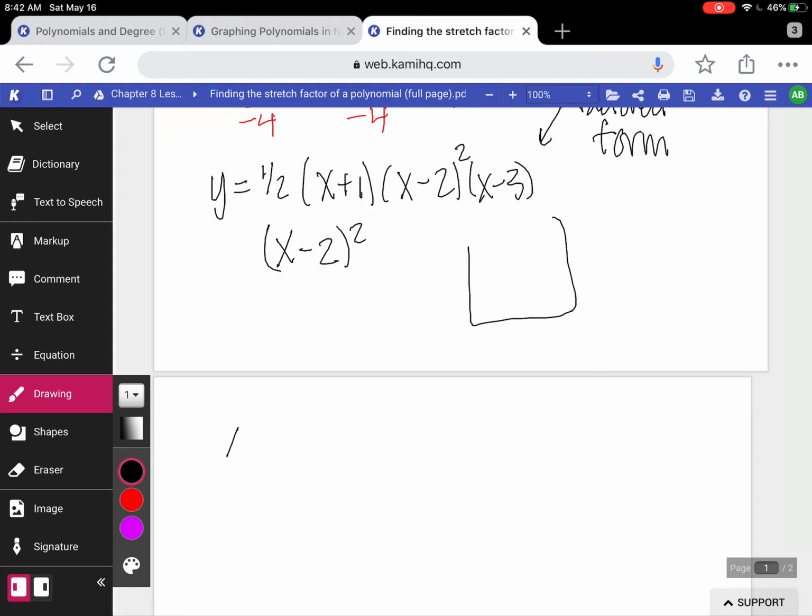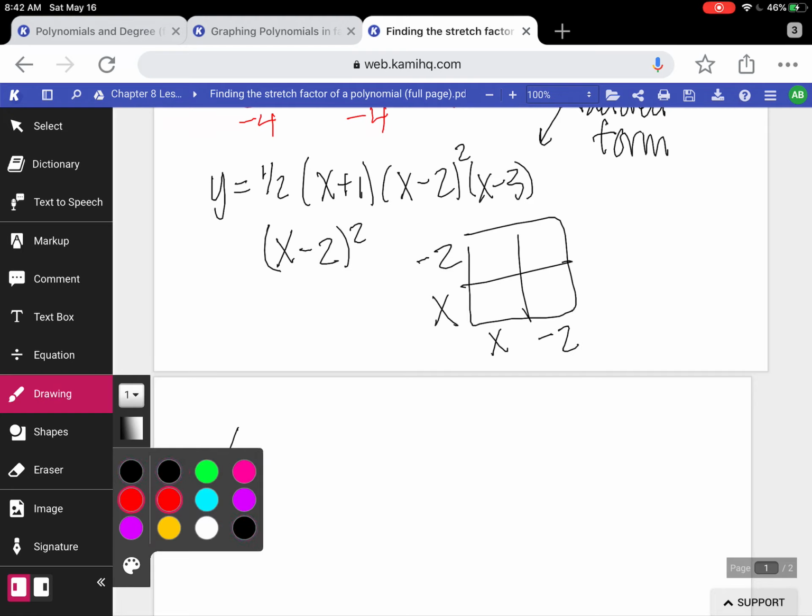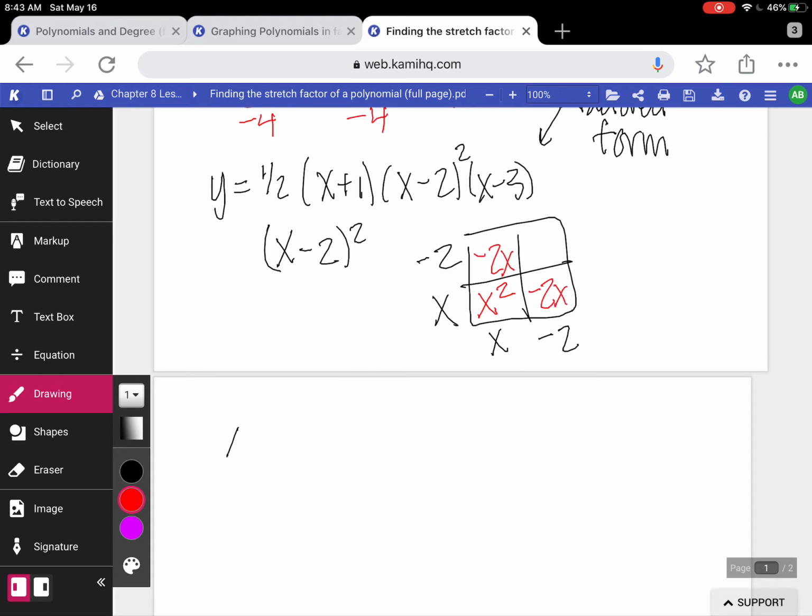Okay, so I'm going to show you how to do it using our box here. So we would multiply to get the inside, so we would have x squared, -2x, -2x, and 4. So that gives us y equals 1/2 times (x plus 1) times (x squared minus 4x plus 4) times (x minus 3).